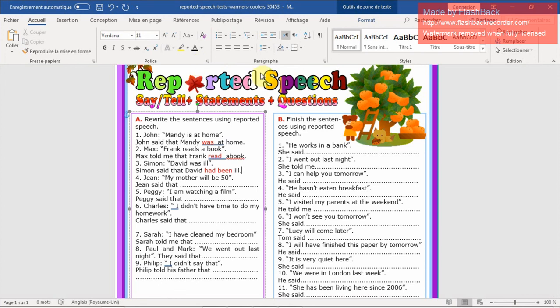Okay, now what about number 4? My mother will be 50. We have the modal will turns into would. So this one is very easy.